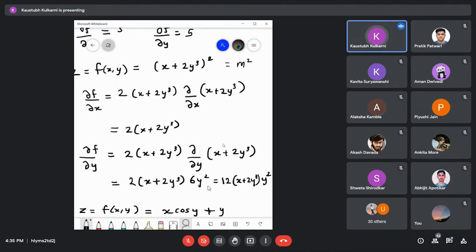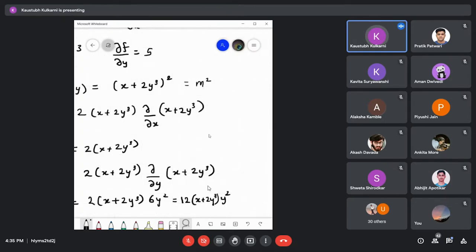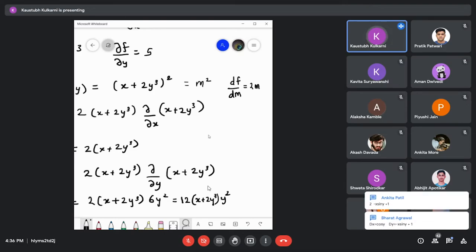So as per the chain rule, what you will do first is differentiate this one. So you're finding df by dm first, which is 2m, and then you are applying to the inner function dou by dou x, because it is a partial derivative with respect to x.